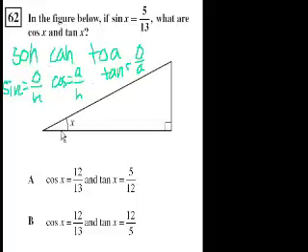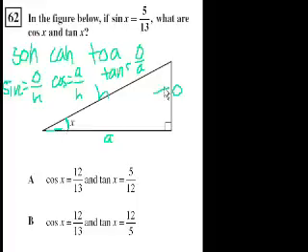So if I took the sine of this angle, that means the opposite side of this angle over the hypotenuse is equal to the sine of this angle. Let's call this the opposite side. This is the hypotenuse. This is the adjacent side, because it's adjacent to the angle.